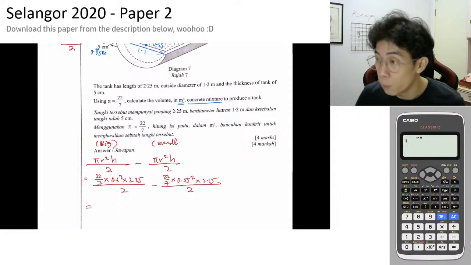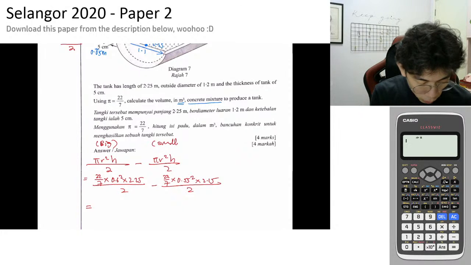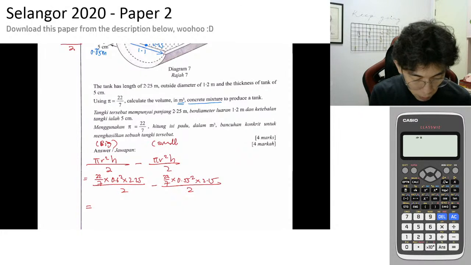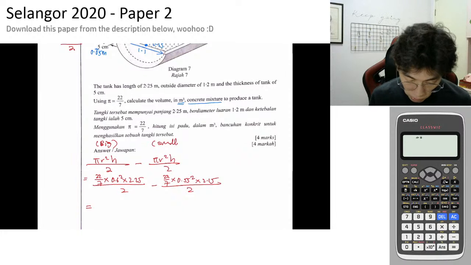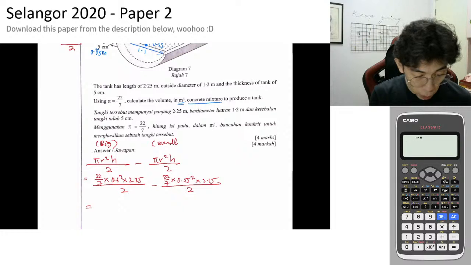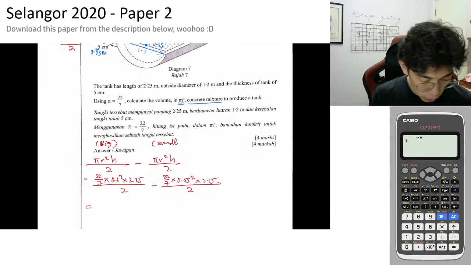Okay, so everyone, I will just do a quick one. 22/7 times 0.6 square, you type it as well. Times 2.25 and then divide by 2. So this part, wait, I typed wrongly, so sorry. I'm doing it as well, so you do it as well.